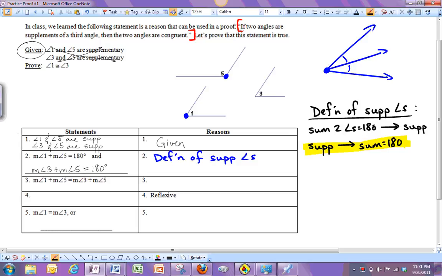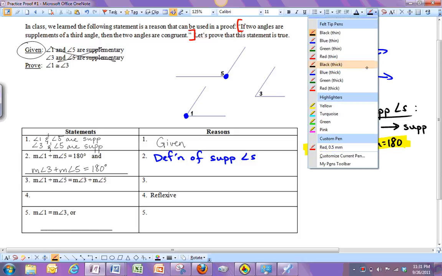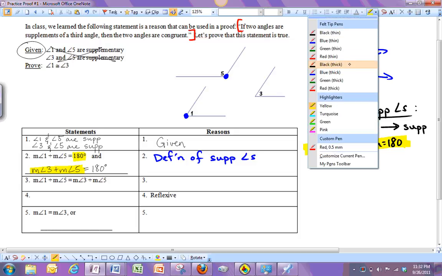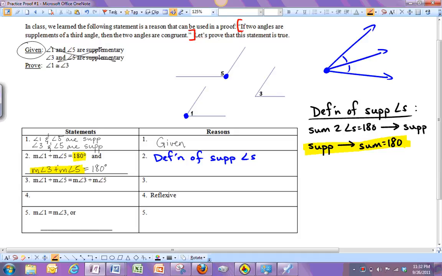Okay. So, if we look at step 3, it says M1 plus M5 equals M3 plus M5. And somehow we got to that step. Well, if you look at step 2, right, we've got that M1 and M5 equals 180. And then in the next step, I have that 3 and 5 also equals 180. Well, that means that anywhere that there's a 180, I can plug in 3 plus 5, which is what I'm going to do to get to step 3.